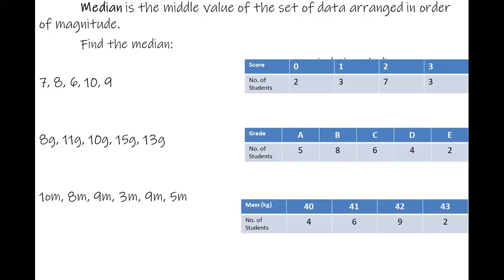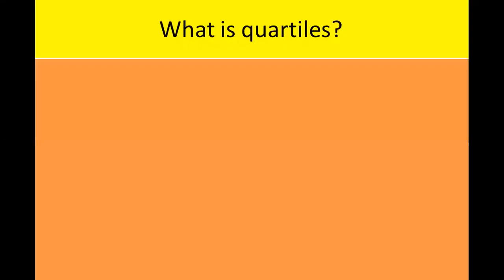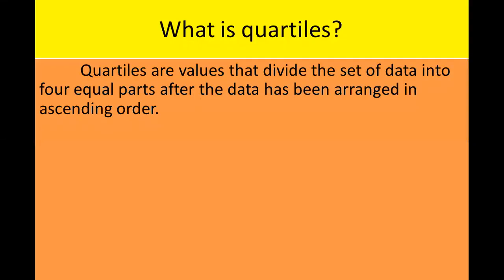Last time also we discussed the median, which is the middle value of the set of data arranged from smallest to highest, or ascending order. So take note of that: always arrange the data in ascending order.